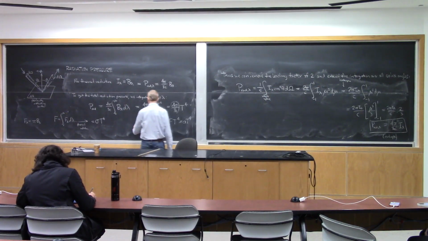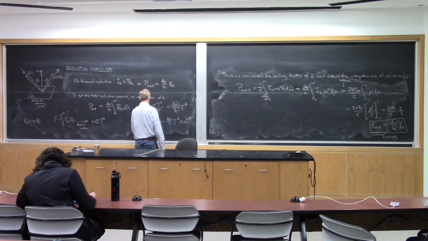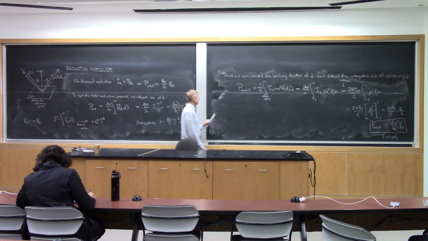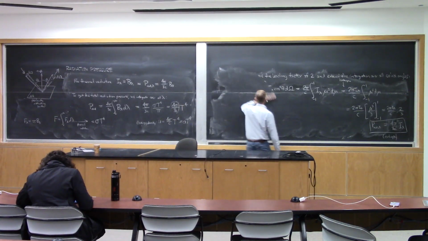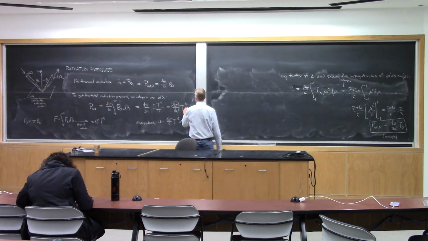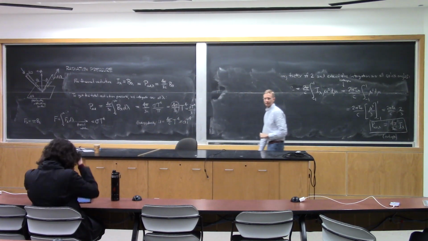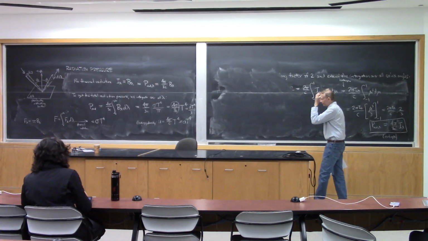We found last time the energy density for thermal radiation is a t to the 4th, and we just discovered that the pressure is a t to the 4th over 3. We get the same thing, only it's over 3.